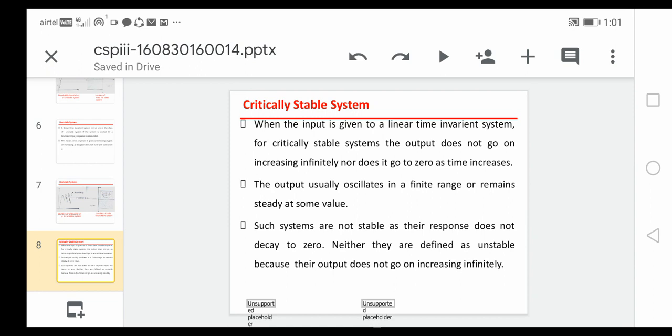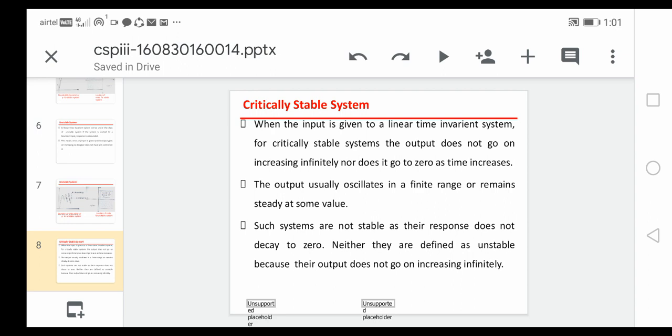Critically stable: how do you define it? A critically stable system is when an input is given to a linear time invariant system and the output neither increases infinitely nor goes to 0 as time increases. The output usually oscillates in a finite range or remains steady at some value.